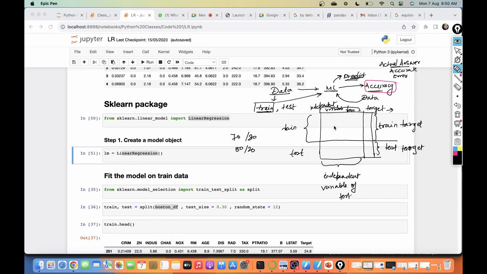So we say it is x train data, because x represents the independent variable, so we say x train, and this is known as the target, right? This is known as x test. Say it as x test, and this is the test target.